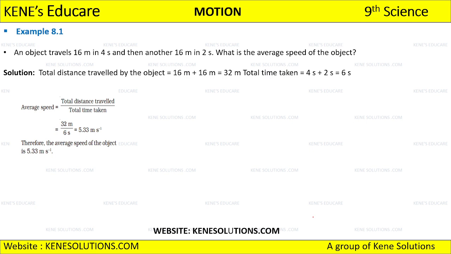So 32 meters divided by 6 seconds, 32 divided by 6, we get 5.33 meters per second. Therefore the average speed of the object is 5.33 meters per second.